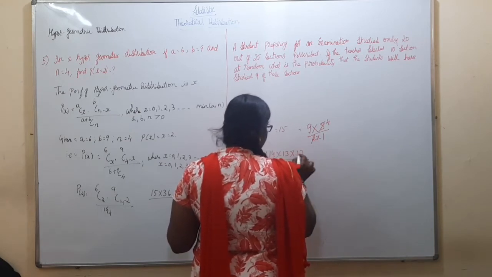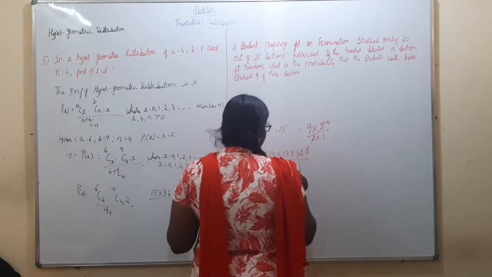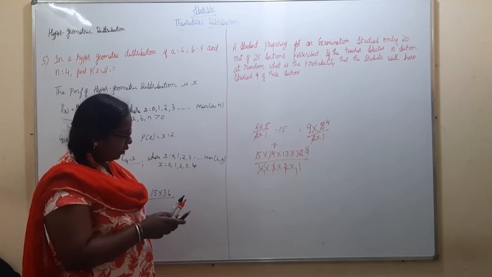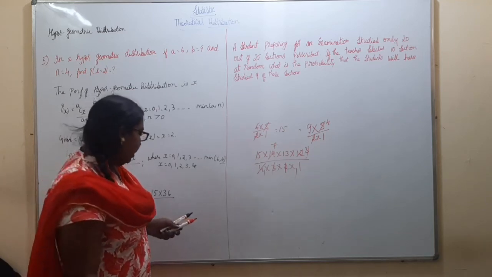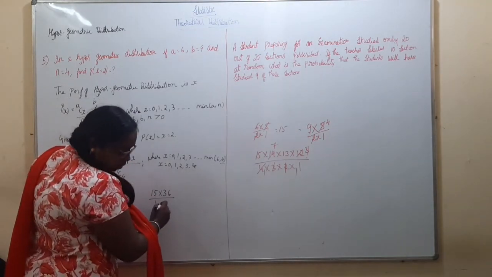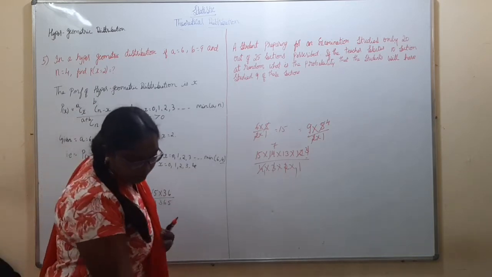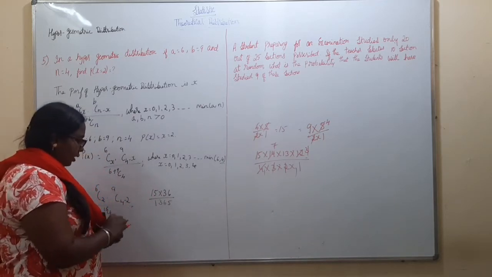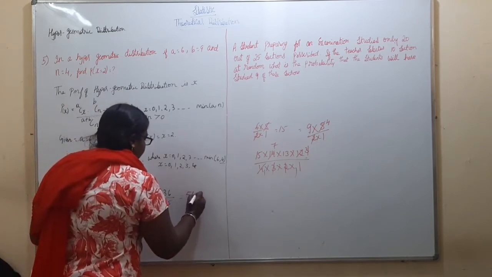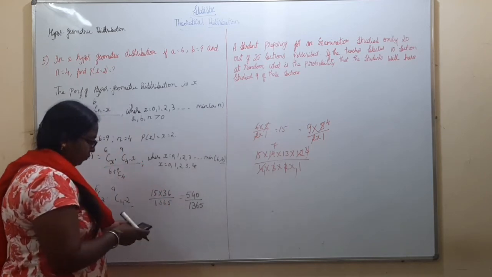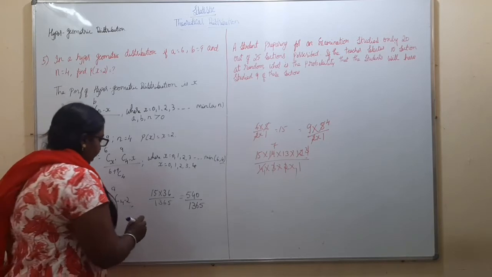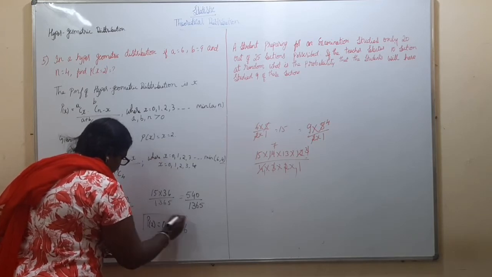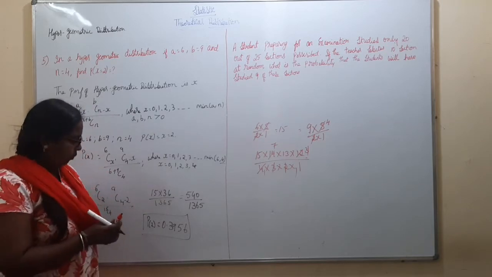The 4 and 3 get cancelled, 2 ones are 7s, so here I will get 15 into 7 into 13, which is 1365. Then 15 into 36, I will get 540 divided by 1365. So my P2 will be 0.3956.